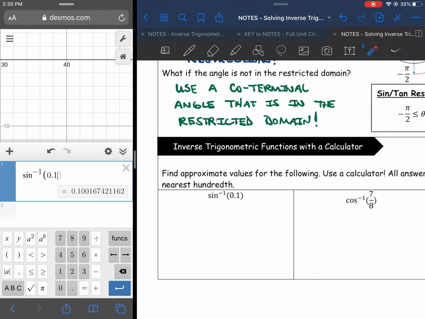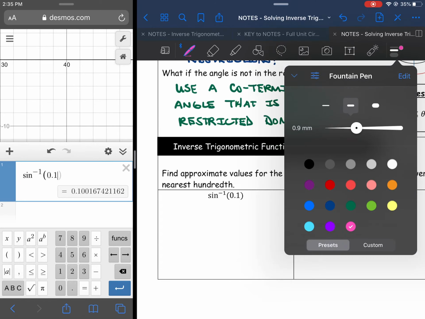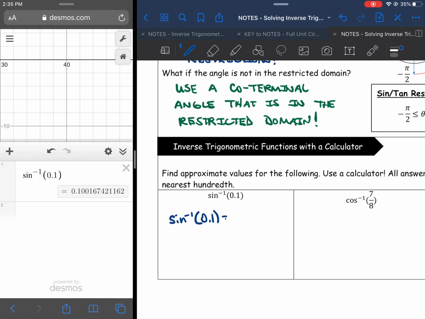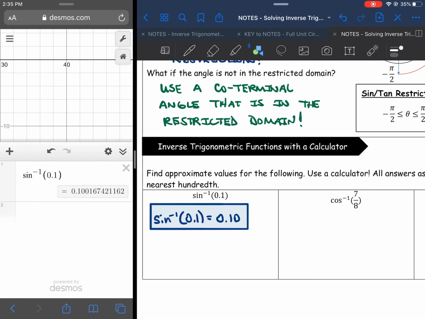So let's go ahead and find the inverse sine of 0.1, and that's going to give me 0.10. It also tells us to round to the nearest hundredth, which is 2 decimal places. So the inverse sine of 0.1 is 0.10, rounded to 2 decimal places. Okay, let's try the inverse cosine of 7/8.